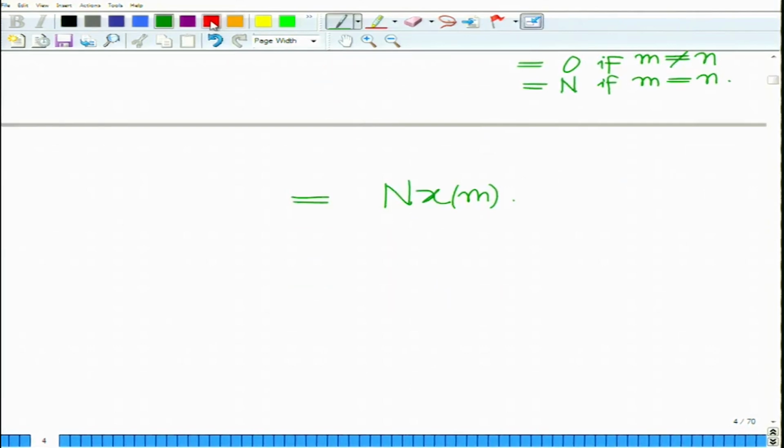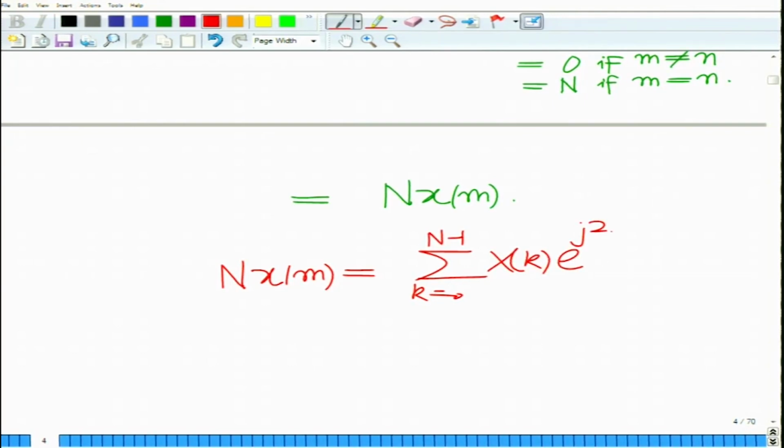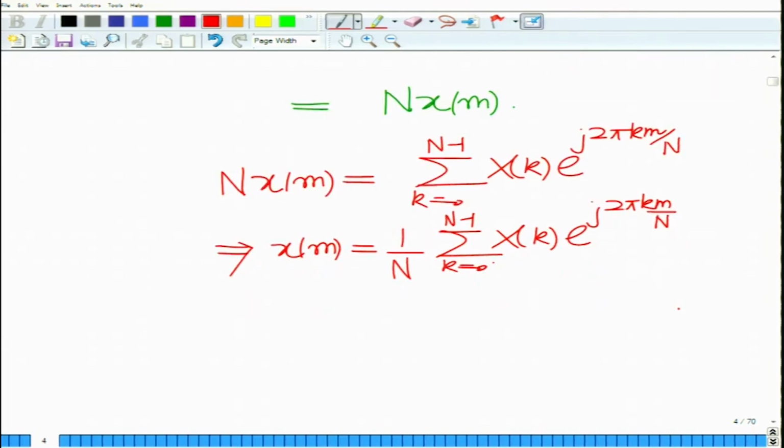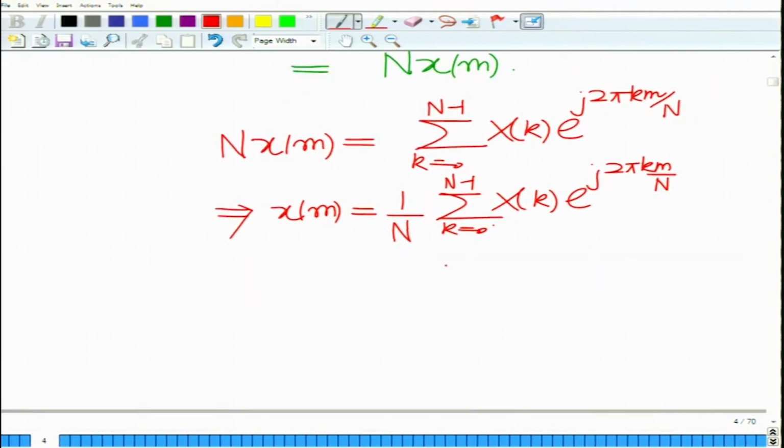So from this manipulation, what we have seen is that N x[m] equals summation k equal to 0 to N minus 1 X[k] e raised to j 2 pi k m over N, divided by N, which implies that x[m] equals 1 over N summation k equal to 0 to N minus 1 X[k] e raised to j 2 pi k m over N, and in fact e raised to j 2 pi over N is W_N raised to minus 1.